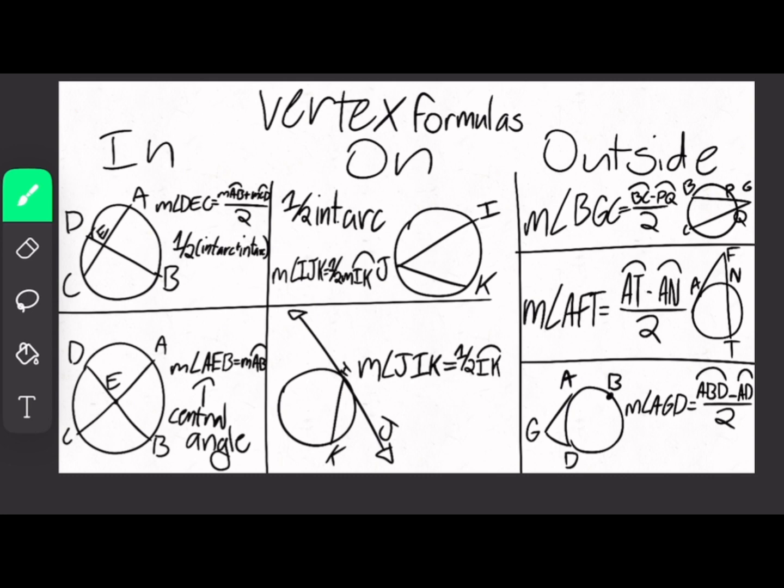For vertexes on the circle, it's just 1/2 of the intercepted arc. Or for arcs like this, angle IJK would just be 1/2 of measure of arc IK.